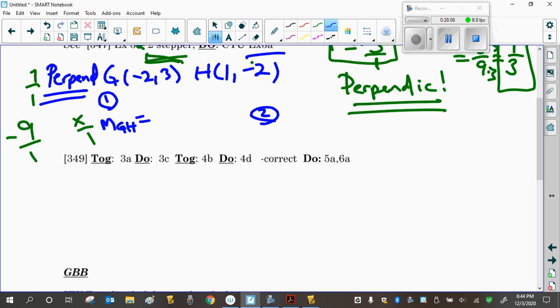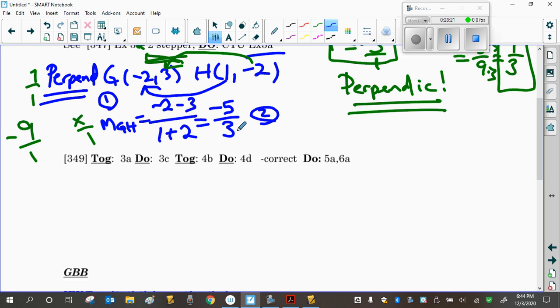Okay, slope of GH is -2 minus 3 over 1 minus -2, which is 1 plus 2. So -5/3. But we're not done. It feels like we're done, but that's why we put 1, 2, and we underline perpendicular twice. Slope of the perpendicular line, and I want you to write down the symbol.